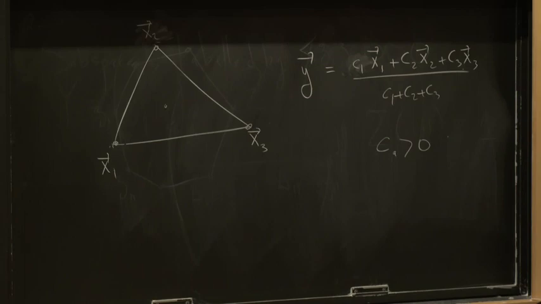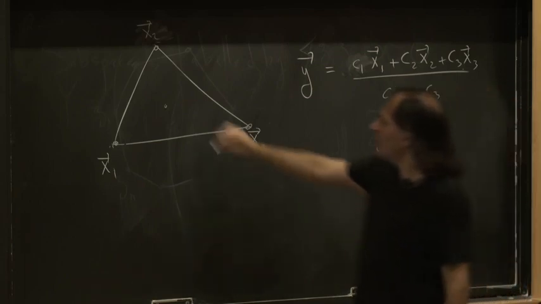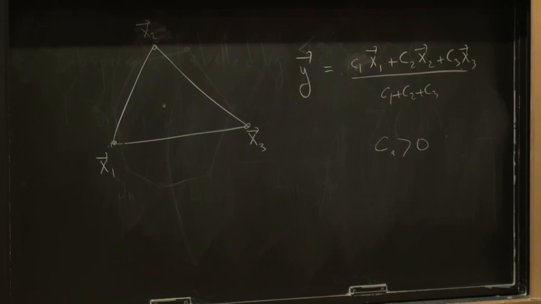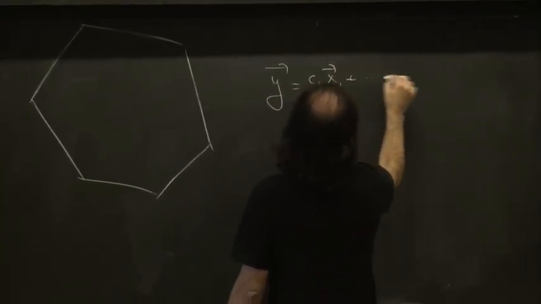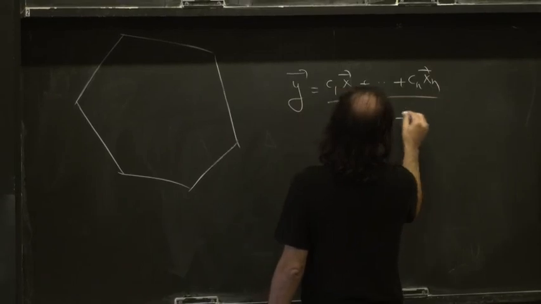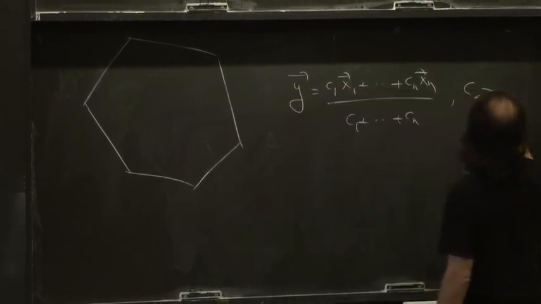So all the weights are positive, and every point on the inside of the triangle is of this form. Now, if I want to talk about a point on the inside of a polygon, it's the same formula: y is equal to c1x1 plus dot dot plus cnxn over c1 plus cn, and all the c's are also positive.